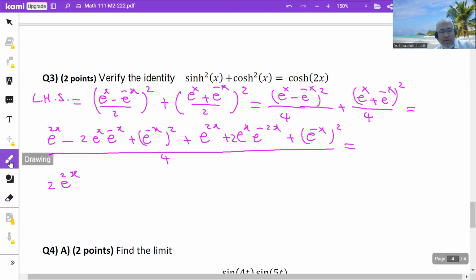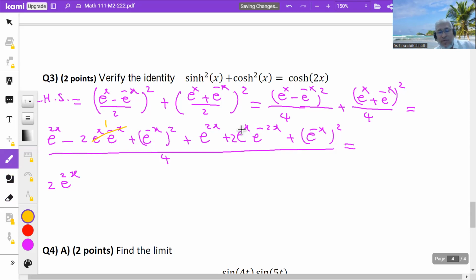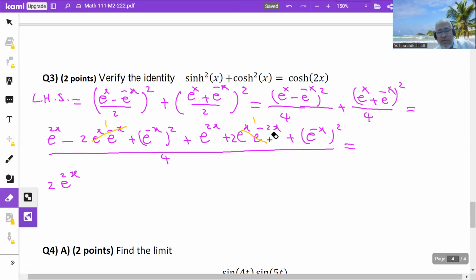So in fact, this will give you e to the power 0, which is 1. And this will give you e to the power 0, which is 1. This is not negative 2x. This is negative x. Okay? So I'll have negative 2 plus 2. They will cancel with each other.